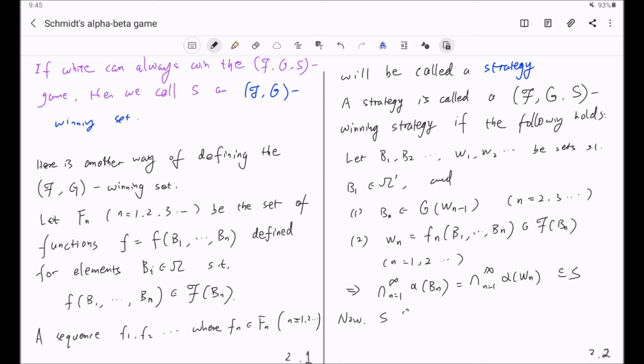Now S is an FG winning set if and only if there is an FGS winning strategy. And under these circumstances, white will win by using this strategy.